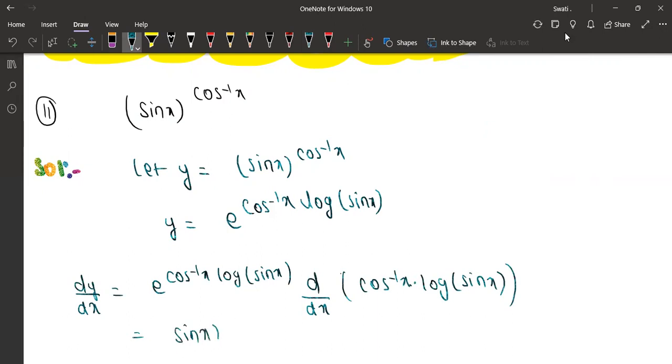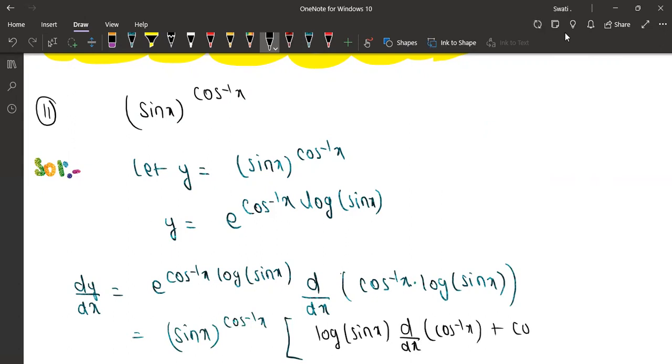We can just rewrite it. So sin x raised to cos inverse x. Here we will apply the product rule, as you know. So log of sin x as it is. And by product rule, we will do the derivative of cos inverse x. And now we will keep this cos inverse x as it is. And we will do the derivative of log of sin x. Right?